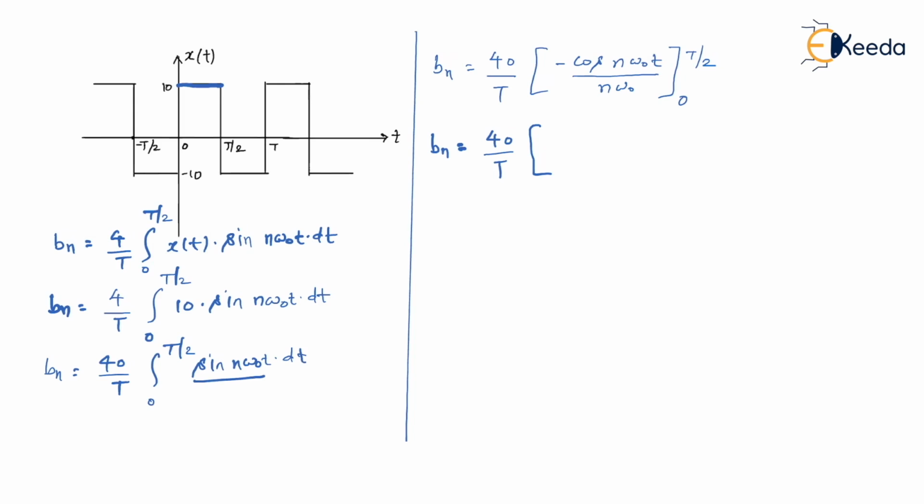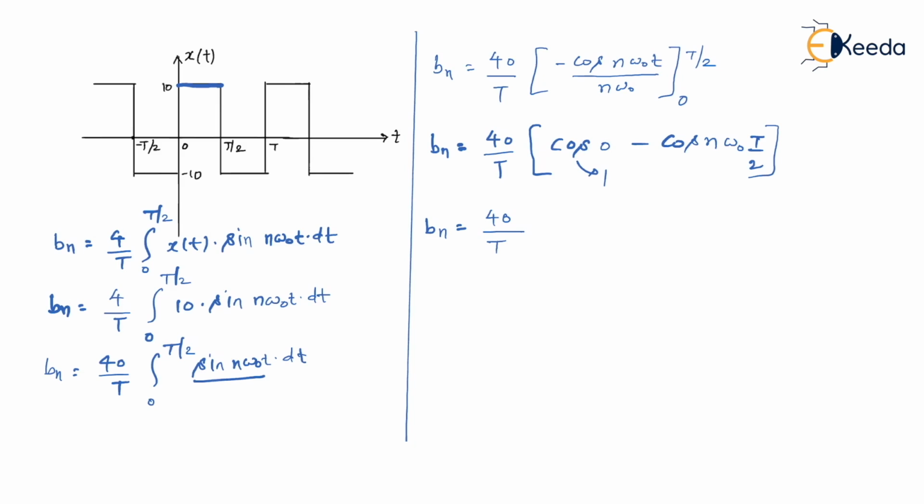First of all I'll substitute the lower limit, which is 0, so it becomes cos of 0 minus the higher limit, that is cos of n omega naught, and the value of t is T by 2. So cos 0 becomes 1. Bn is equal to 40 divided by, we know that capital T stands for the fundamental time period, and the fundamental time period is given as 2 pi by omega naught.